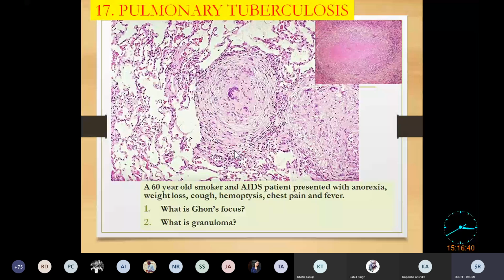I'm sorry, that is not Ghon's focus. Anyone else? What is Ghon's focus?